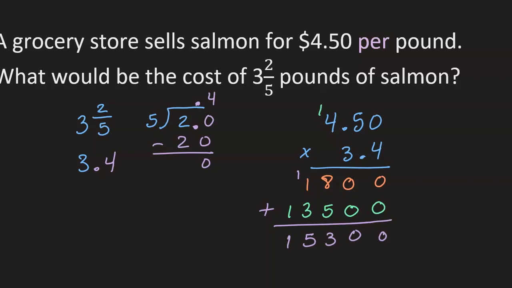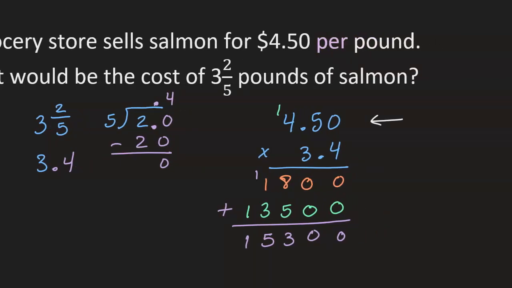Now remember, when we're multiplying decimals, we ask ourselves how many decimal digits are in each of the numbers we multiply. Well, 4.50 has 2 decimal places, whereas 3.4 is only 1 decimal place from the right.